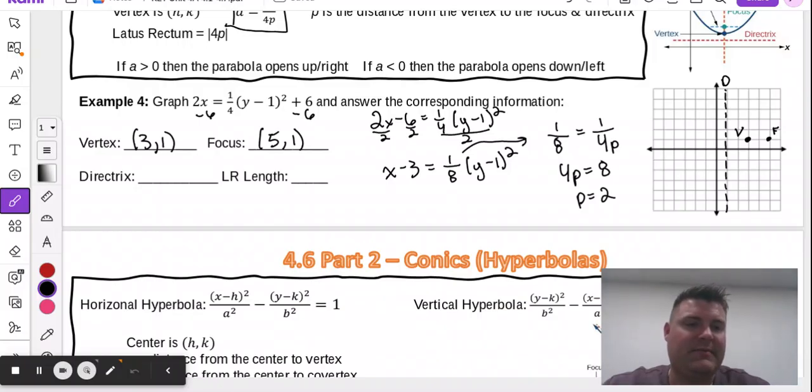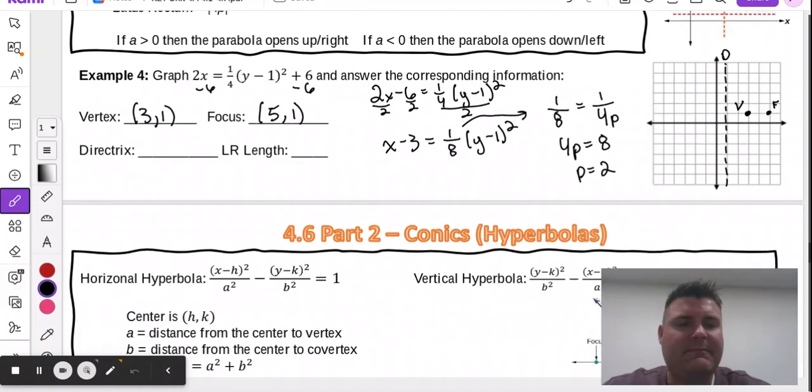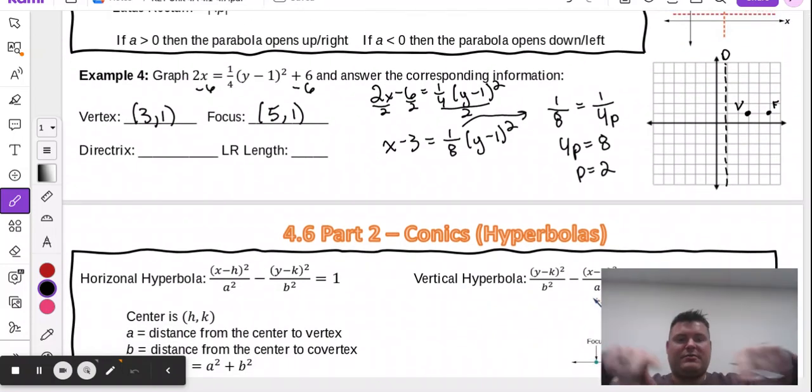The directrix will always sit perpendicular to the tangent of the vertex. Again, I have all this stuff up here. So if this was an up parabola, the directrix is horizontal below it. If it's a left parabola, it'll sit vertical. So the directrix here is x equals 1.